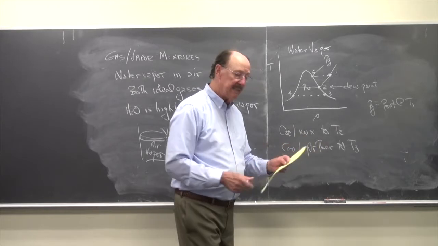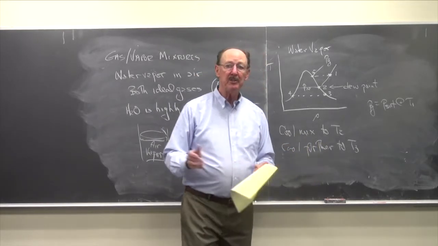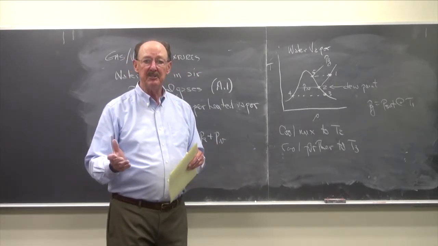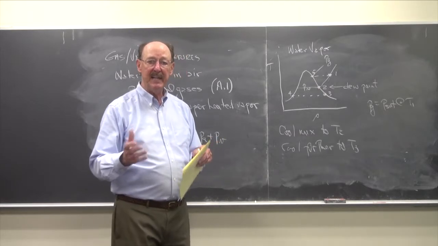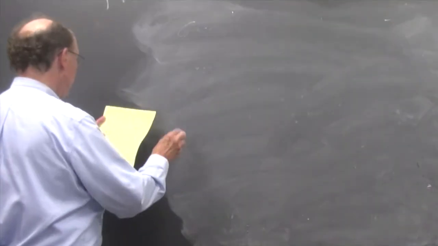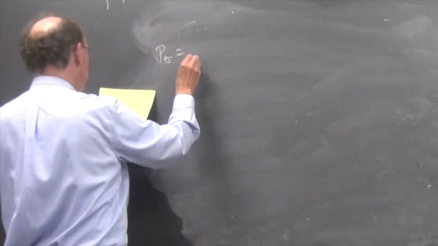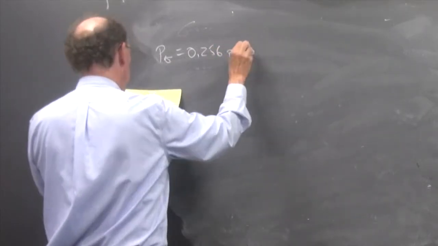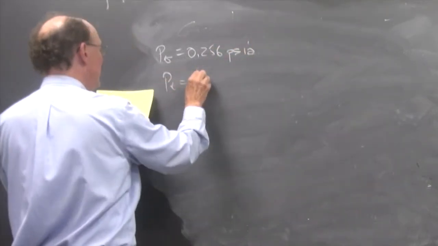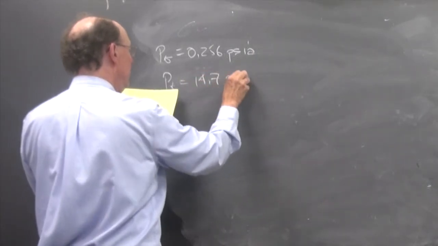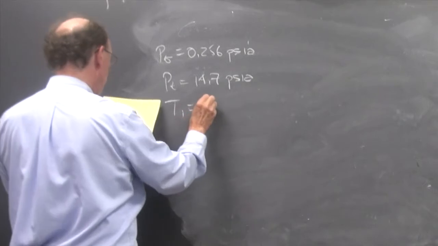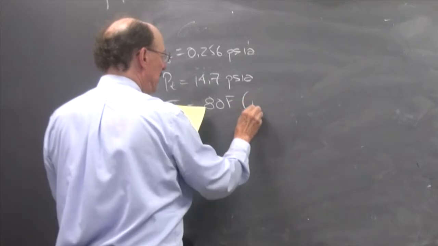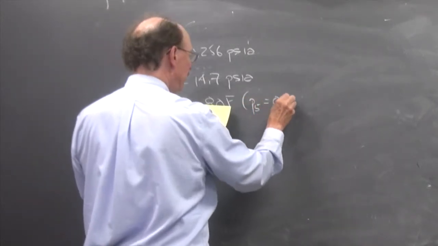Now let's say that we have the following mixture, and I'm going to use English units here because this will align with what we do in air conditioning work, where common practice uses English units. So let's say that we have PV equal to 0.256 psia, P total is 14.7 psia, T1 is equal to 80 degrees Fahrenheit, and P5 would be equal to 0.508.